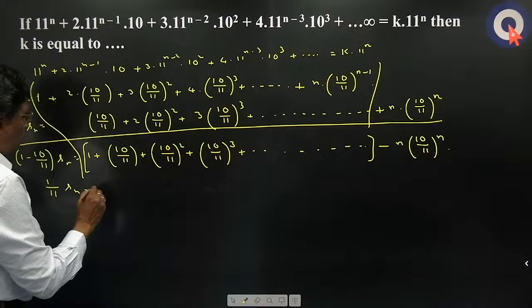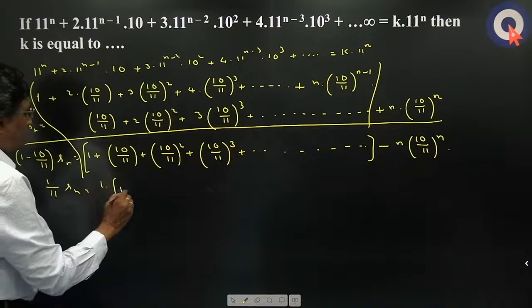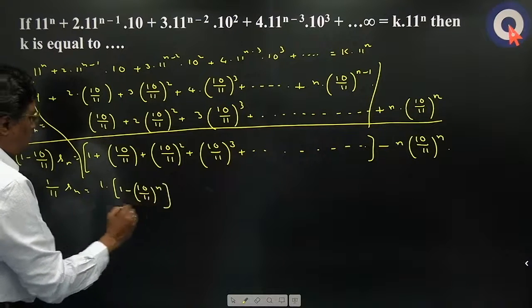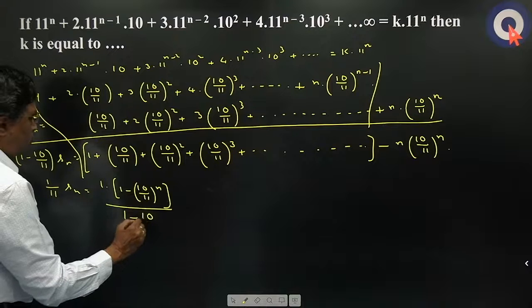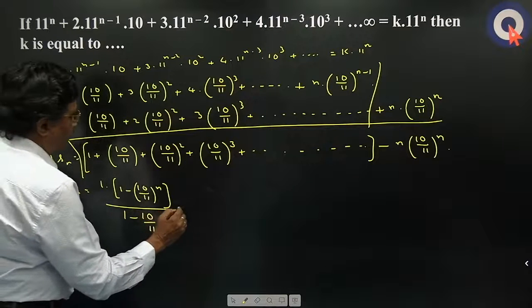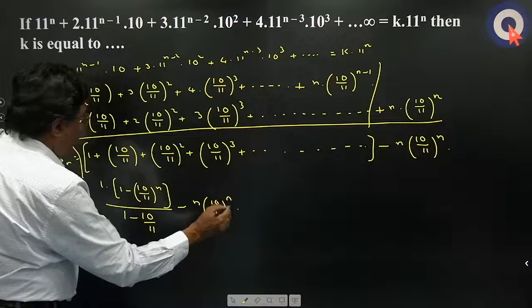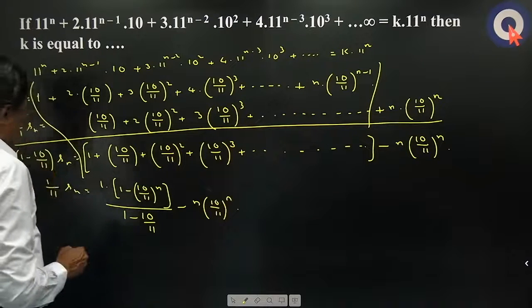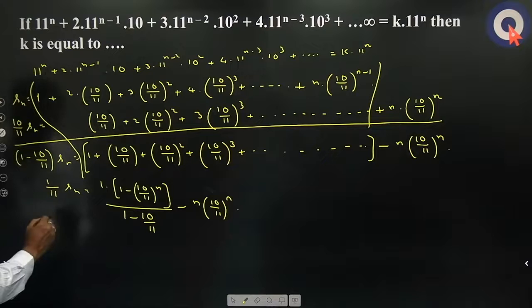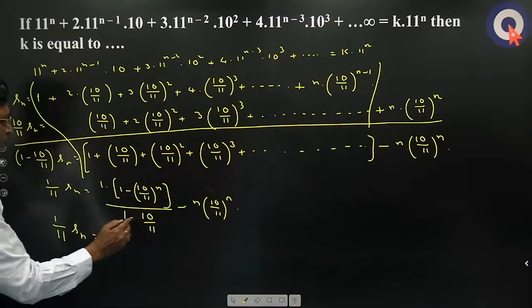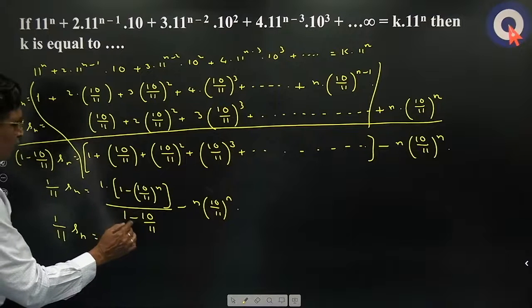So A into (1 minus r power n) by 1 minus r, where r is less than 1, minus n into (10/11) whole power n. So 1/11 Sn is equal to 11 minus 10, so this is 1 by 11.